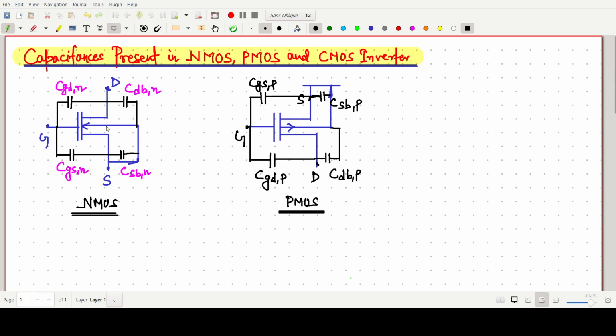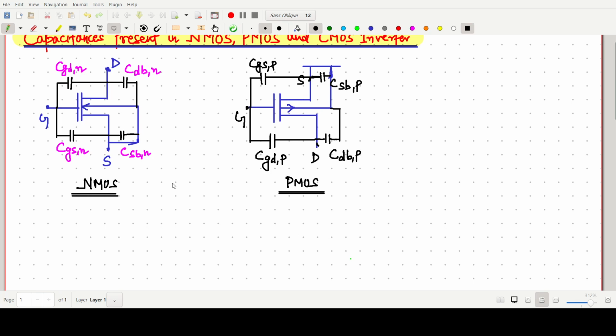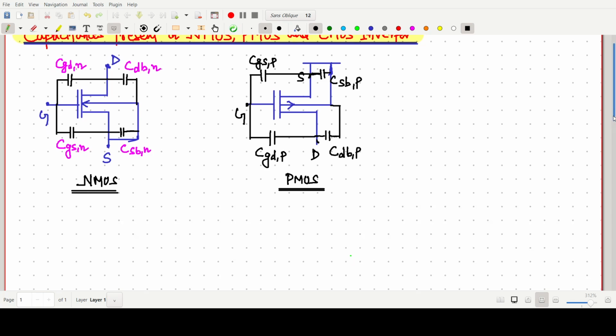Now if we go for a CMOS inverter, we have to take both the NMOS and PMOS in a circuit. So first I am drawing the CMOS inverter.